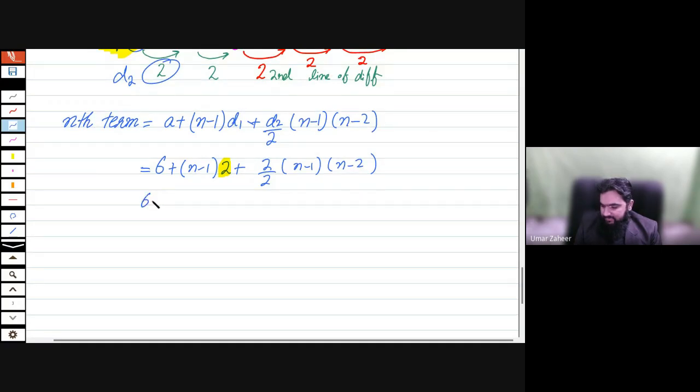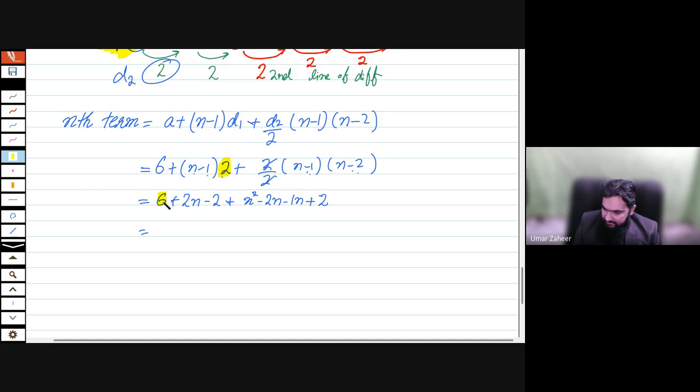Now let's see how to simplify. 6, 2 multiplied by n will be 2n. 2 multiplied by 1 will be minus 2. The 2s will cancel out. Simply expand the brackets: n multiplied by n will be n square, minus 2n, minus n, and minus times minus is plus, 1 multiplied by 2 will be 2.